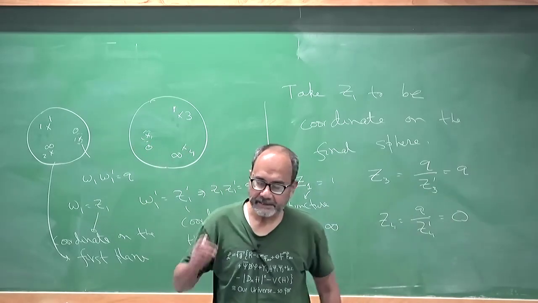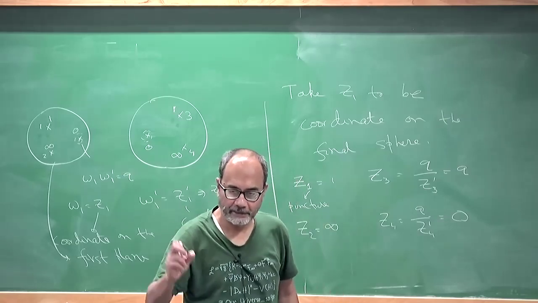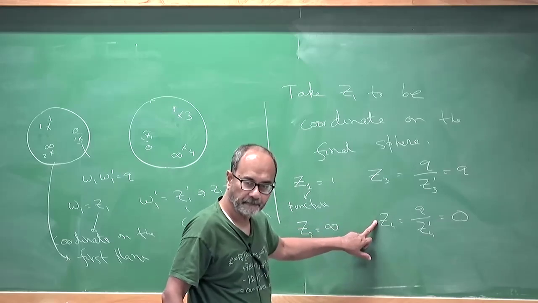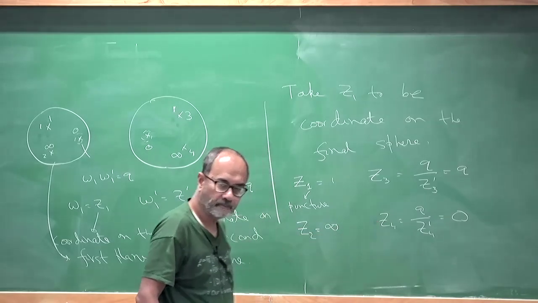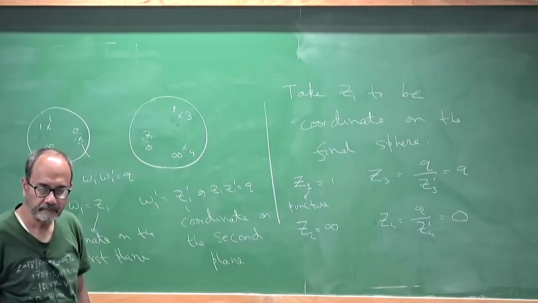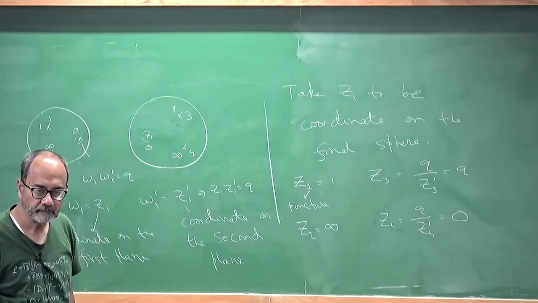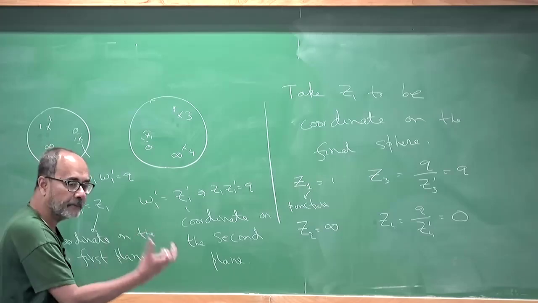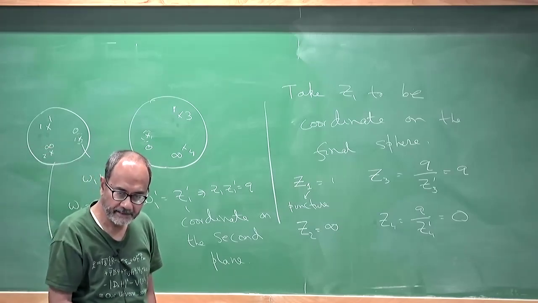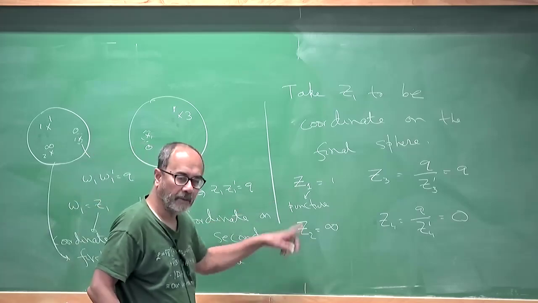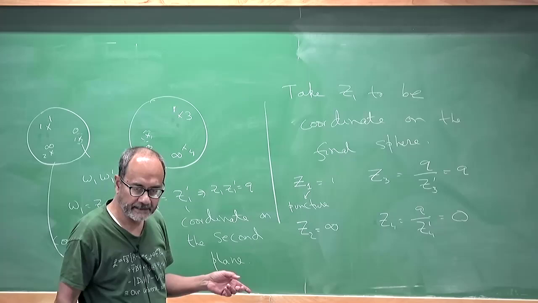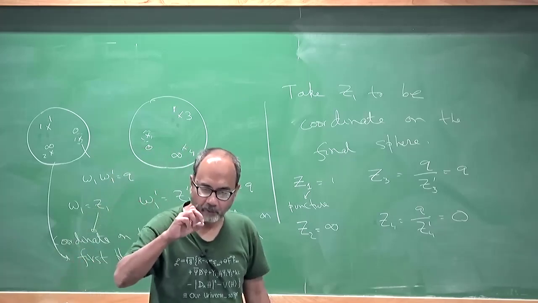And now you say Q goes to 0. What does that mean? Q going to 0 corresponds to Z3 and Z4 coming close. If we use the Z1 prime coordinate system, it will look like Z1 and Z2 coming close. In the Z1 prime coordinate, Z1 and Z2 will come close.